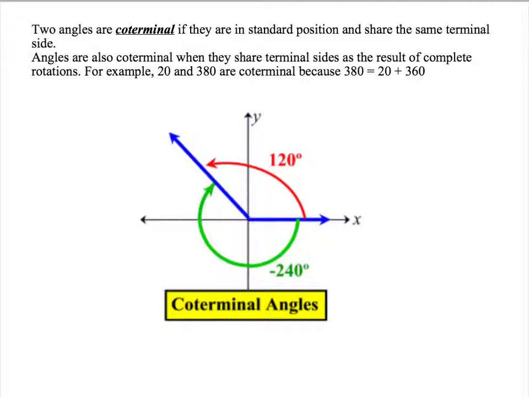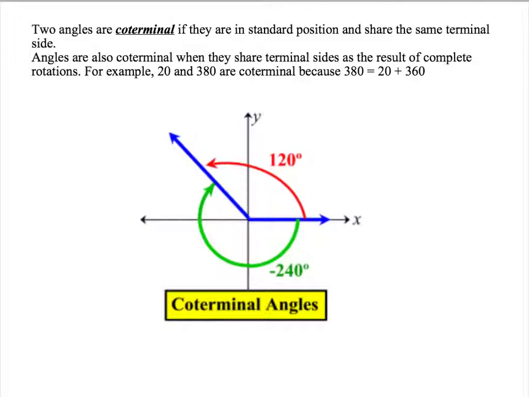What do those two angles have in common? They share the same terminal side, and that's the really important part. Two angles are coterminal if they share the terminal side.